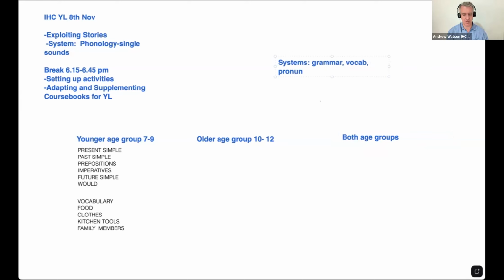But we can also consider the story from a skills perspective. So we could consider whether it could be used for reading development, or speaking, or indeed writing.